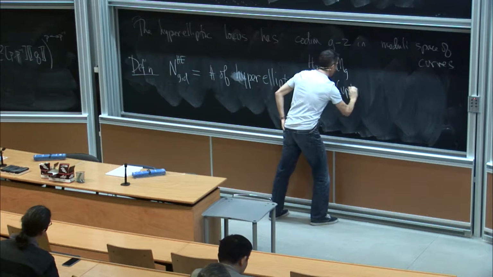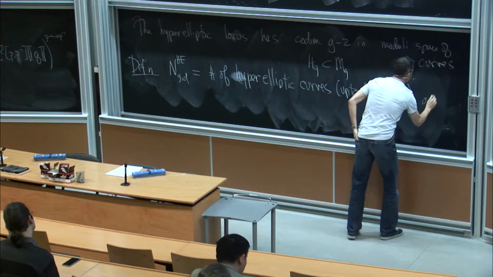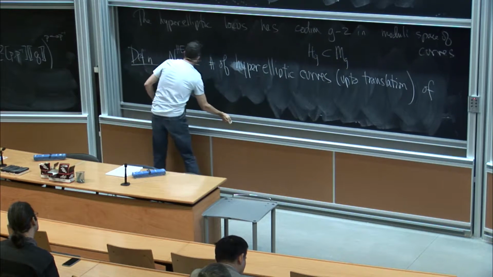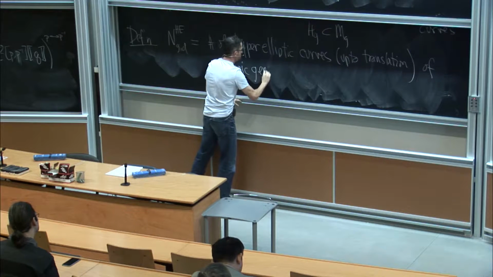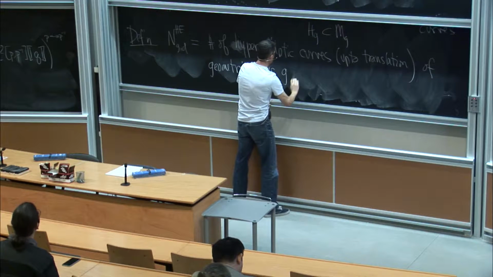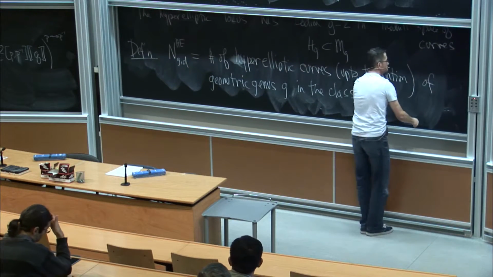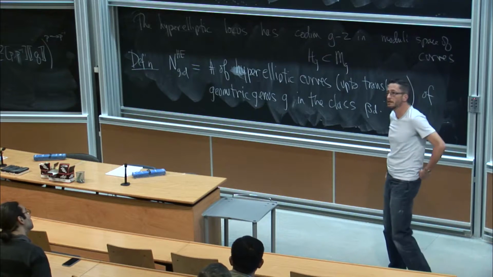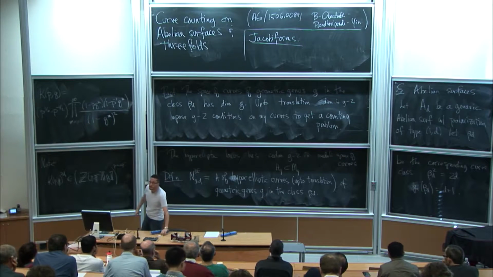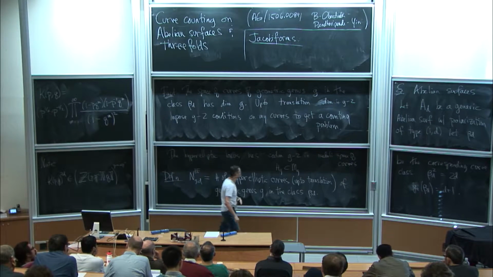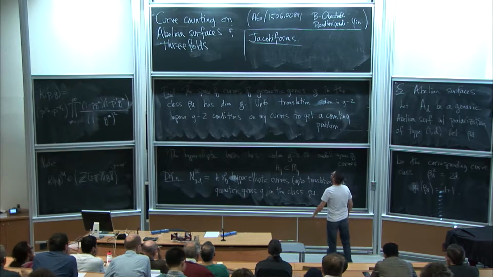And I guess part of the definition is the assertion that we're going to see that this doesn't depend on the particular abelian surface, but only the numbers G and D. Okay, so this is some integer that I would like to compute. Okay, so where should I put it?